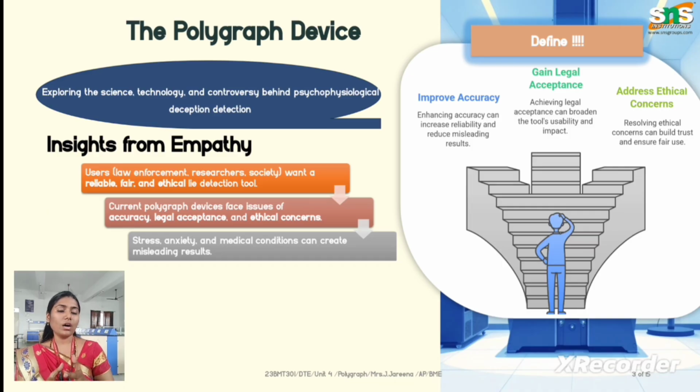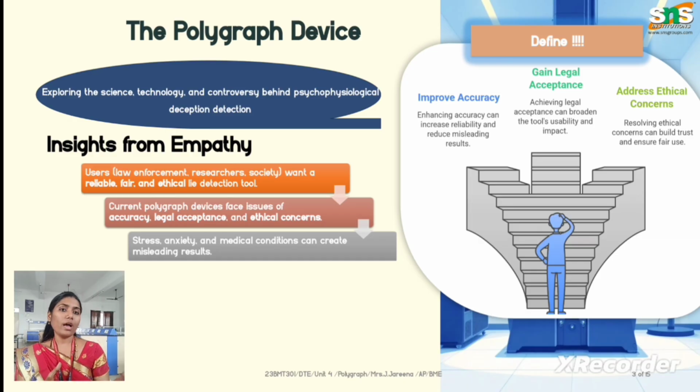This particular device is going to listen to the truth which is hidden inside the emotional changes that happen in our body. So imagine the situation: you are being accused of something that you have not done, or you have not done anything related to that, but the investigator is sitting in front of you. How will you feel? And the investigator is also in a position where they have to identify whether you have committed a mistake or not.